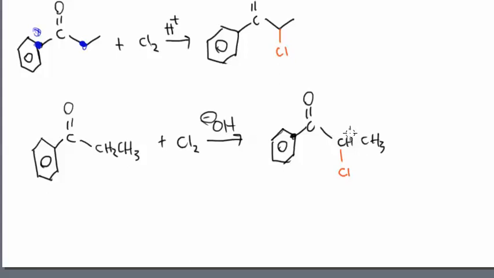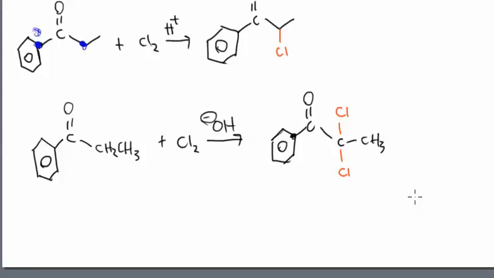So we can erase this other alpha hydrogen, and another chlorine can go on in its spot. So we get a double dip here. Who said double dipping was bad? In this case, it might be okay, and we form what we call a geminal dihalide. Gem means same carbon; dihalide, halogens on the same carbon.